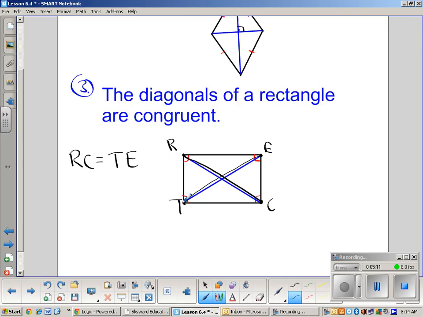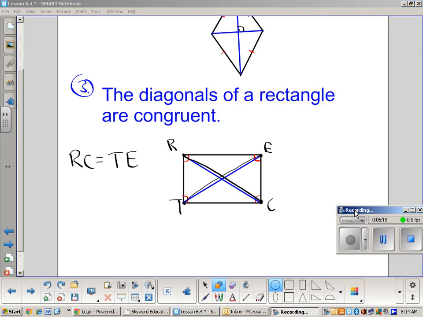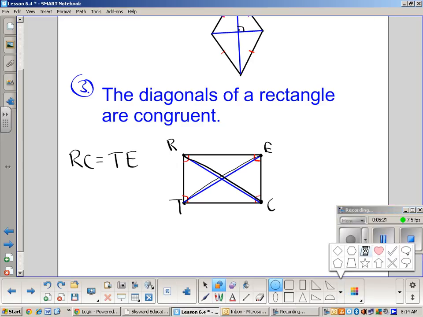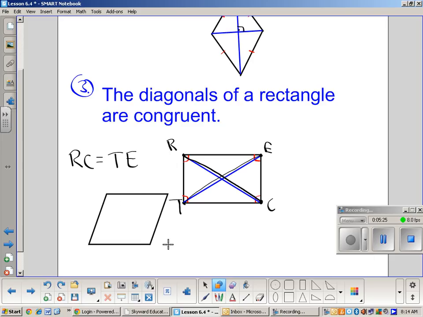If I took a parallelogram, and with this feature I can't really do totally what I want, but if I took this parallelogram and I do this, you can see those diagonals are definitely not going to be equal. Do you agree? Okay.